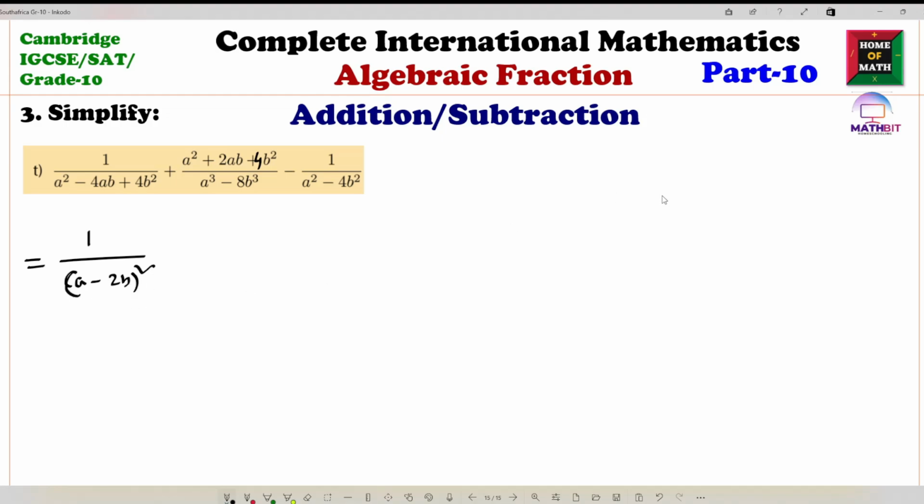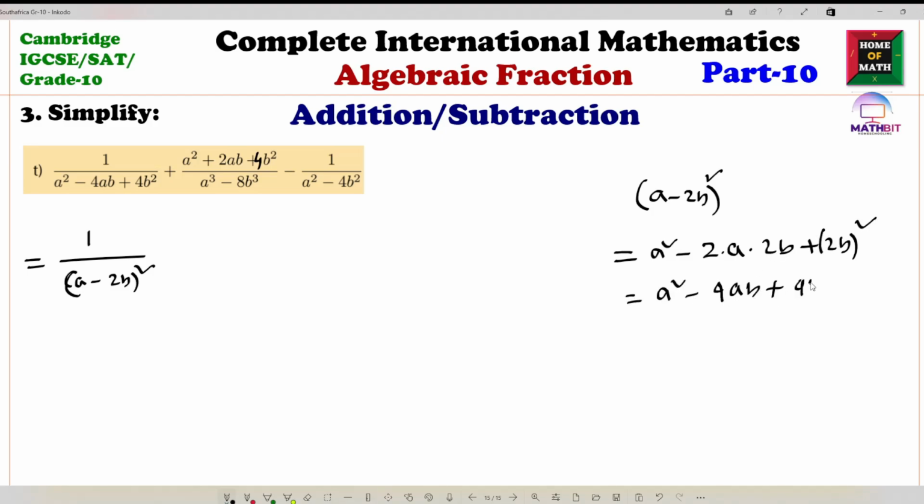Why? Look, a minus 2b whole square means a square minus 2 times a times b plus 2b whole square. It means a square minus 4ab plus 4b square. So it's looking like this.